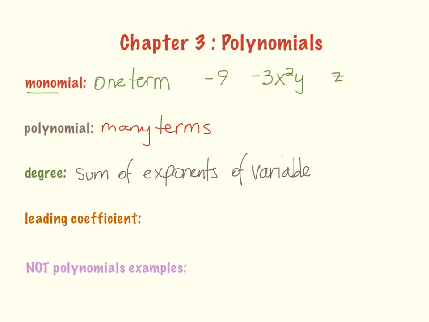For example, that term has no variables, so its degree would be 0. This term has 2 x's, 1 y, 3 z's, so that would make this a degree 6. And we'll look at that more in a further page.